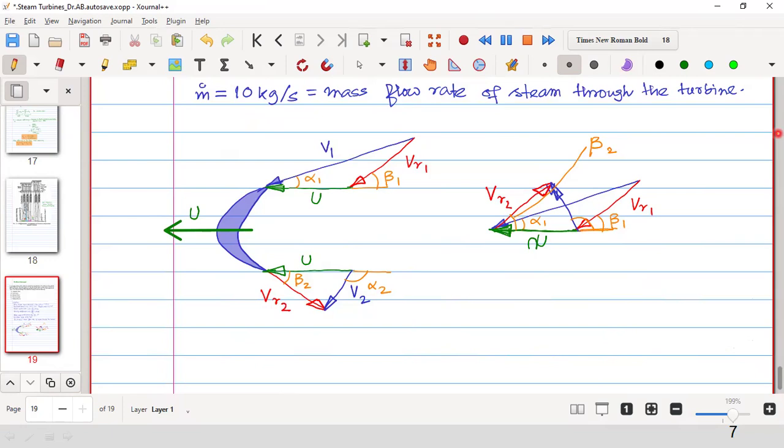Or you can show them in the same direction as this one, which I think will be better. Let me redo it.